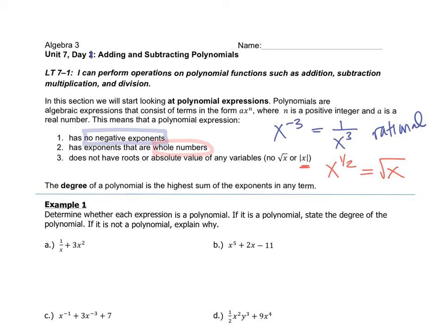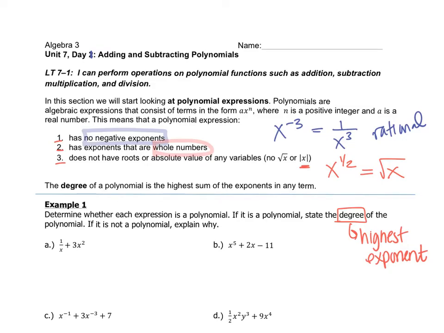So the first goal for today is to determine whether or not we have a polynomial. So we're going to look at that. Once we identify if it is a polynomial, we're going to state the degree. So if you don't remember, the degree is the highest exponent. And then if it's not a polynomial, you would explain why using one of these 3 reasons up above.